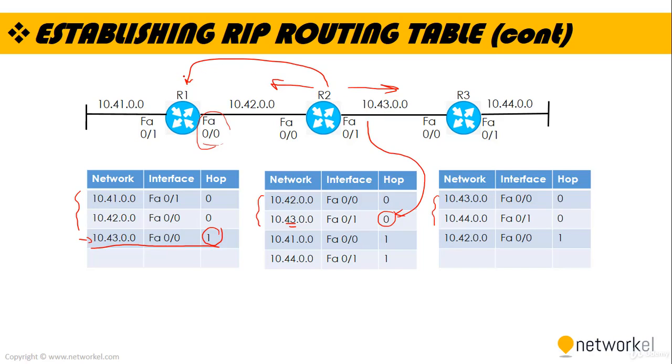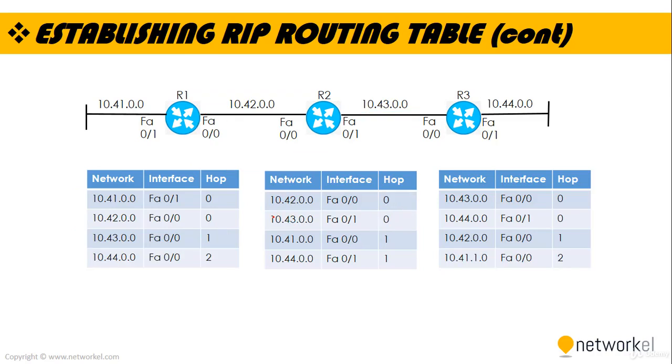Router 1 gets this update and says, router 2, if this network is directly connected to you, it means 10.4.3.0 is 1 hop away from me, which is actually you.